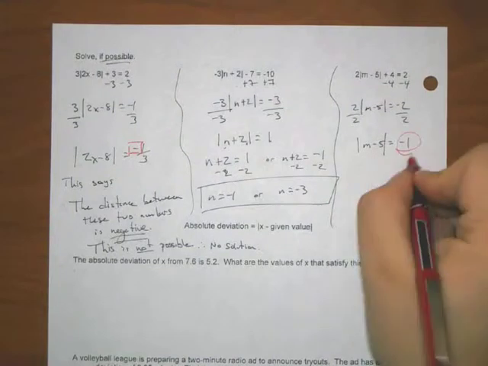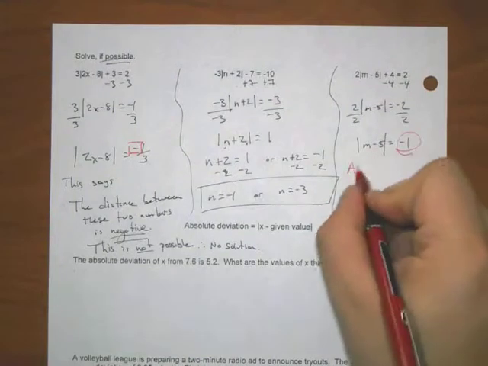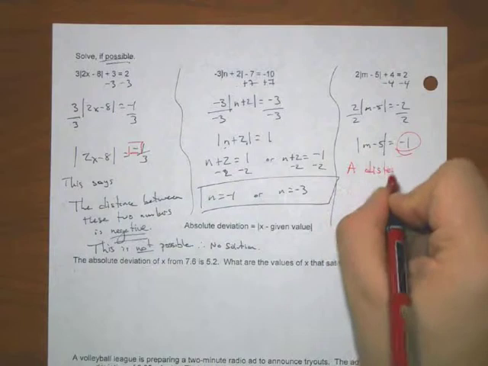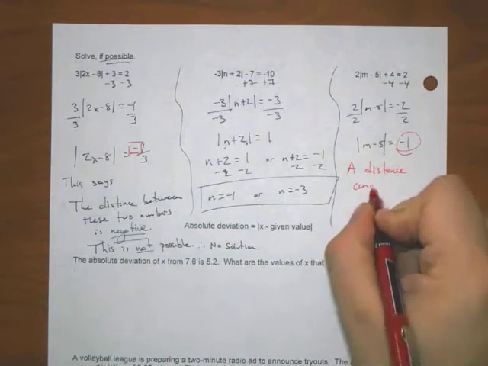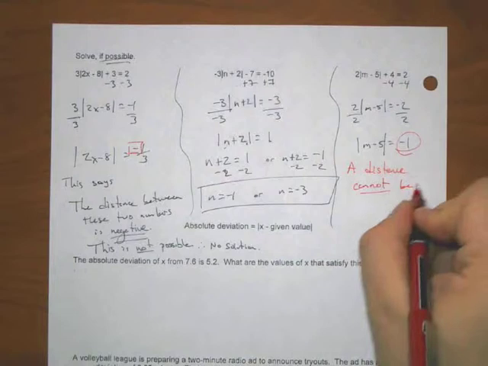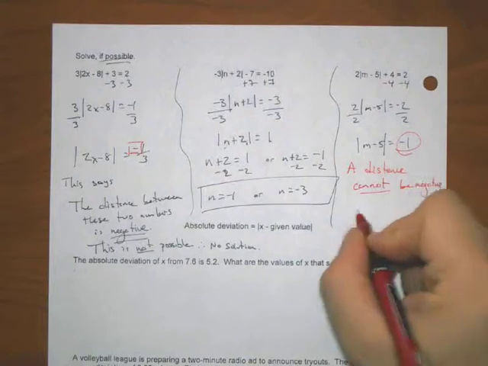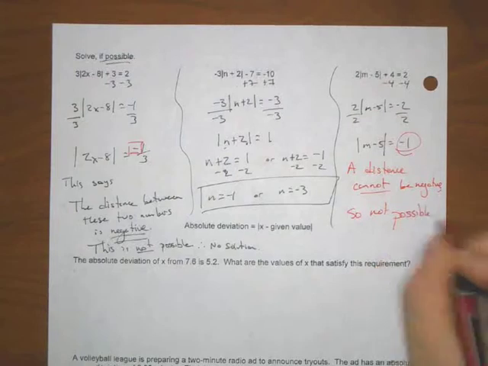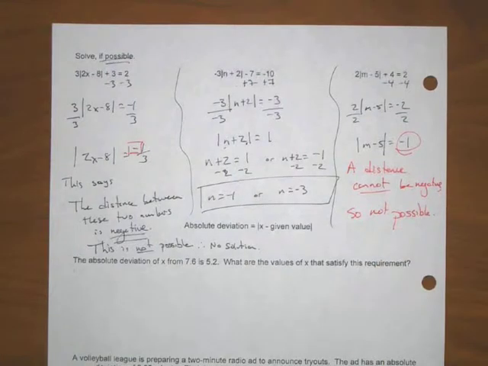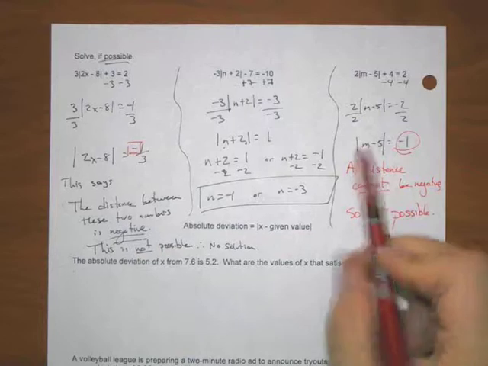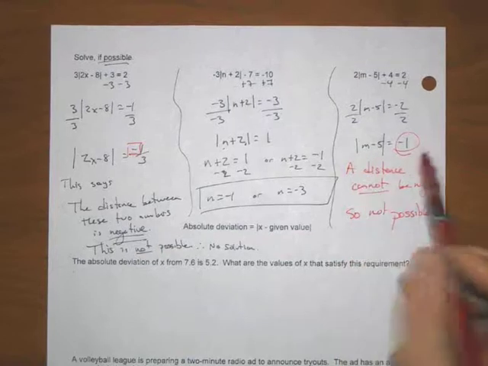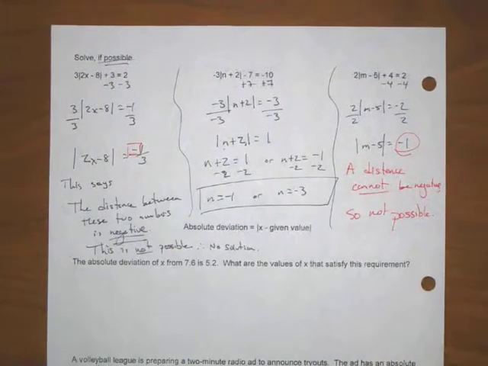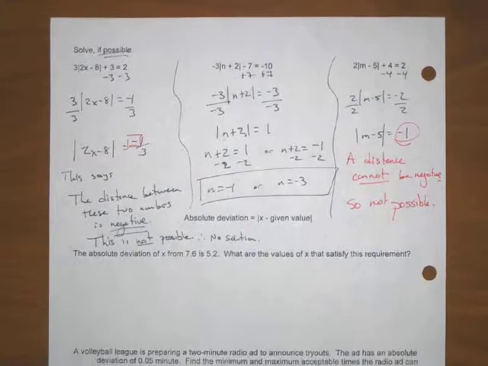Again, this says a distance cannot be negative. So it's not possible to solve. Again, I have an absolute value, so this is a distance on the left. It should be a distance on the right, but distances are not allowed to be negative. Not possible.